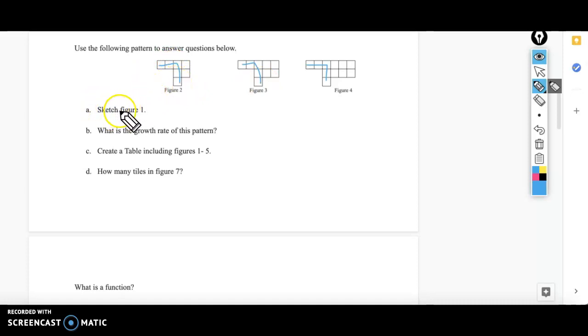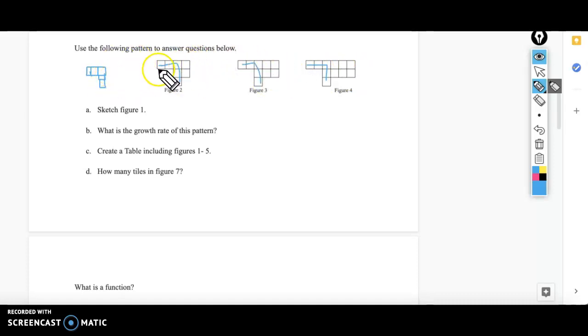Which means if I were to sketch figure 1, it would still have that L shape with the 3 boxes up at the top, 1, 2, 3, and then the 3 boxes going down. It's still going to have this L shape. But notice here we had 6 boxes, then 4 boxes, then 2 boxes.